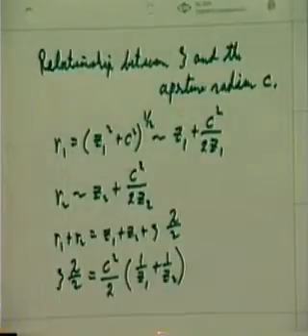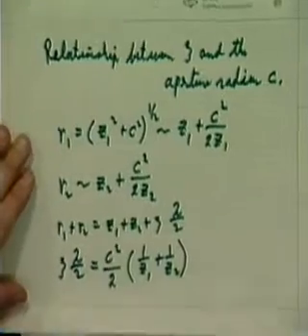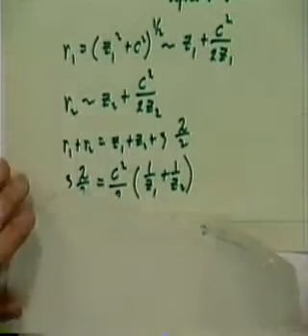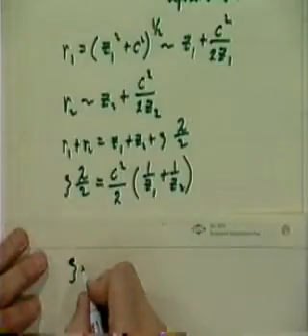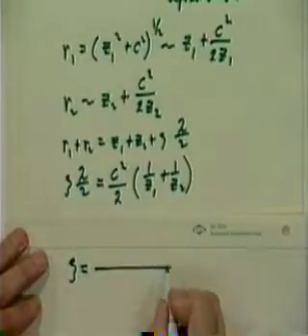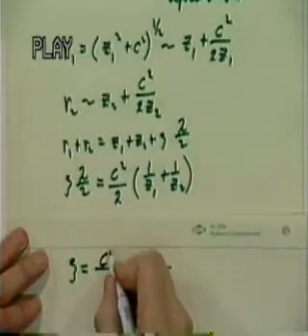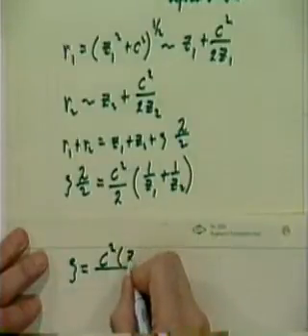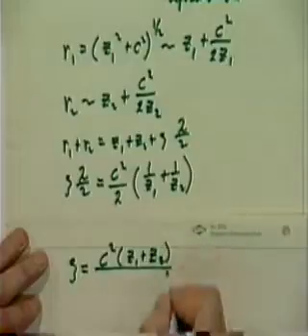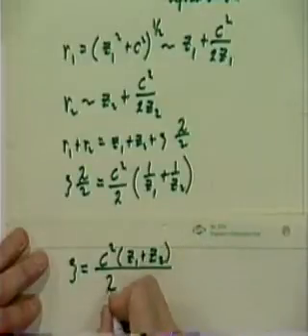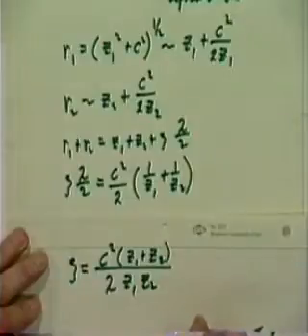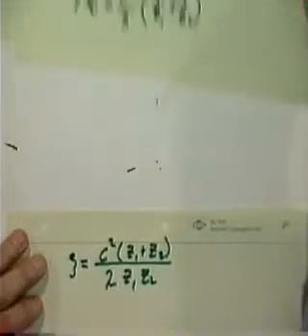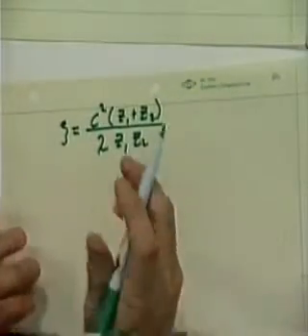And so then we can solve that for squiggle. And we have that squiggle is equal to C squared times Z1 plus Z2, divided by lambda Z1 Z2. So now we know what squiggle is in terms of C and Z's and lambdas.